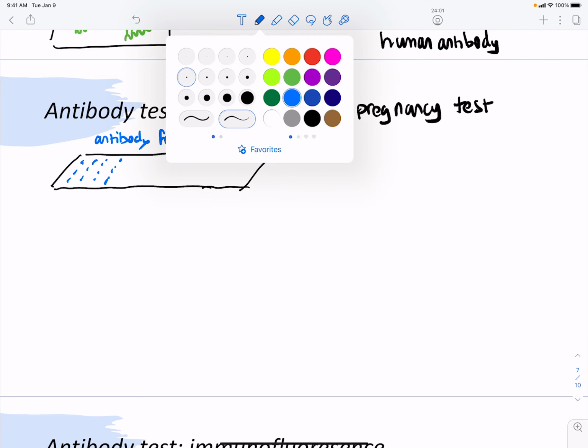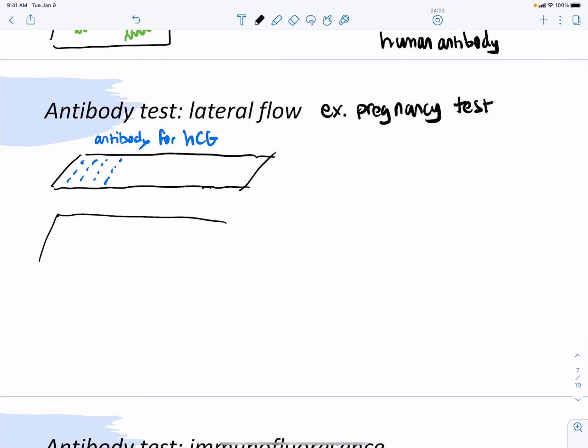So you take your serum, you have your blue, and then you add your serum across this, or urine, if it's a pregnancy test. And then basically, when the urine mixes with this, if there's any of the hormone present, the hormone is going to bind to the antibody bead complex.